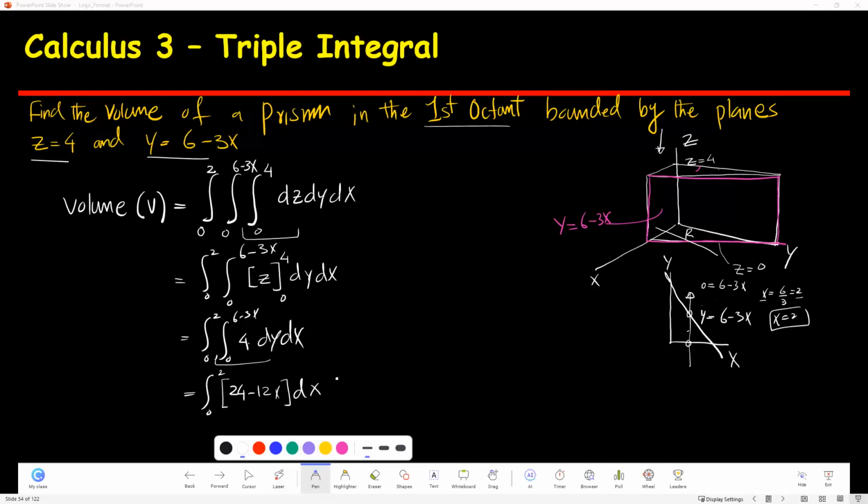I'm going to take the last integral. Just take the integral now. It's going to be 24x minus 12 divided by 2 times x squared.